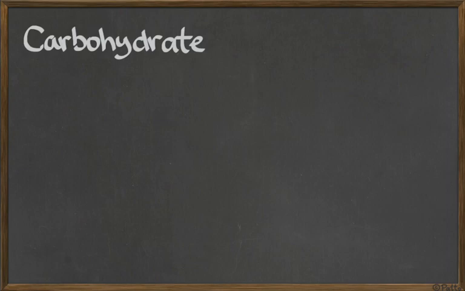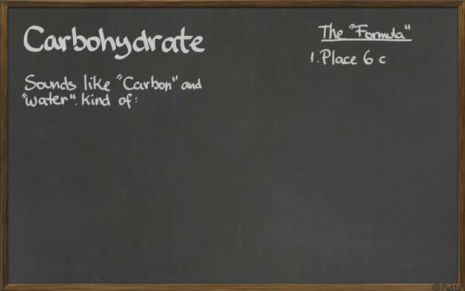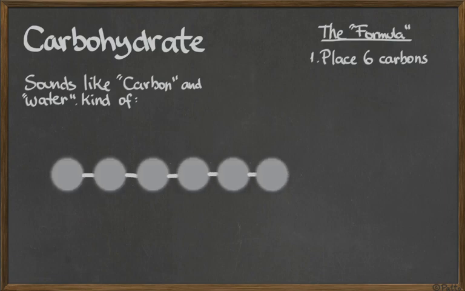Carbohydrates are one group of macromolecules, molecules that are present in disproportionate amounts in living organisms. It's known as carbohydrate because it sounds like carbon and water, carbohydrated. And it's kind of carbohydrated because we are going to have 6 carbons. I'm going to represent it here with 6 open carbons like that.